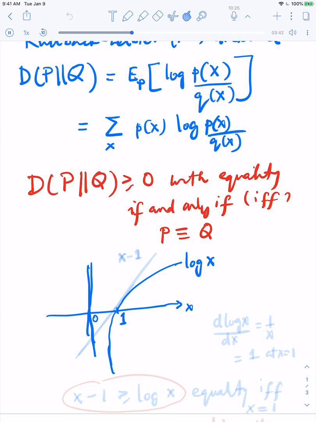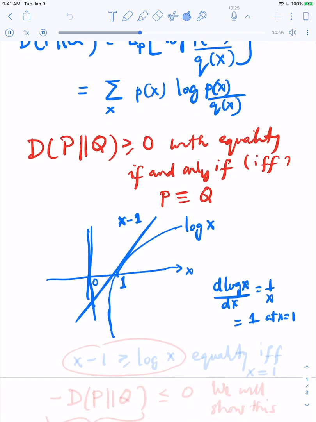So what's the slope at x equals 1? It's d log x by dx, which is 1 over x, and this is 1 at x equals 1. And of course this log function is 0 at x equals 1, so this tangent line has equation x minus 1. The slope is 1 and it vanishes at 1. And the very simple observation here is that x minus 1 is bigger than or equal to log x.